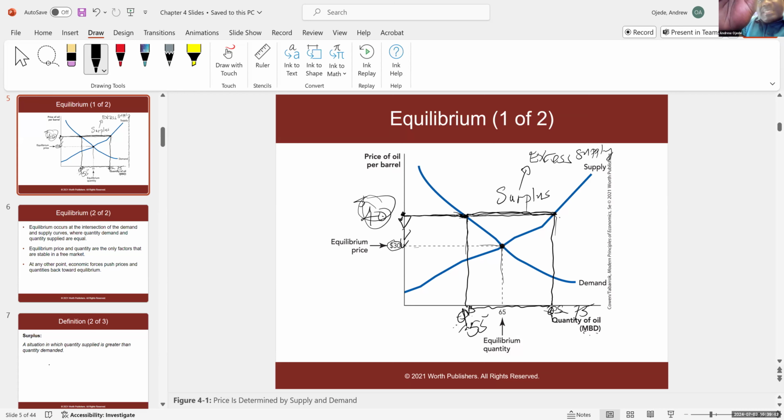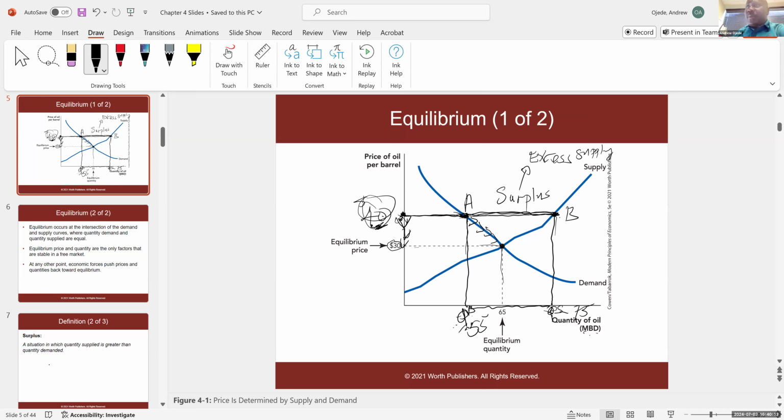But at this point, when the price is $40, you are on this point on the demand curve. You could label that point A. And we are on this point B, on the supply curve. So from the law of demand that we talked about in chapter 3, a fall in the price means you move along the same demand curve. So you're going to start moving this way. And at a price of $40 per barrel of oil, we are on this point on the supply curve.